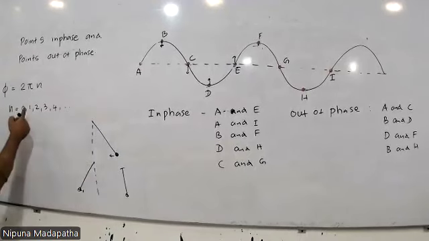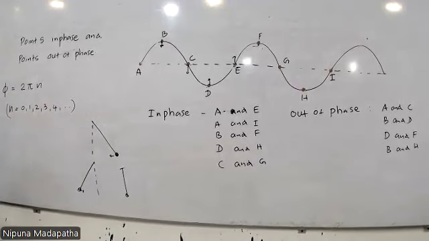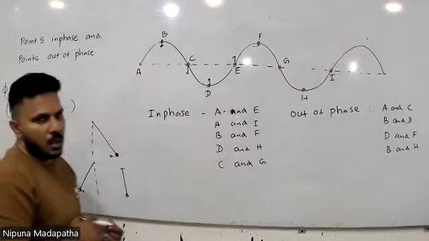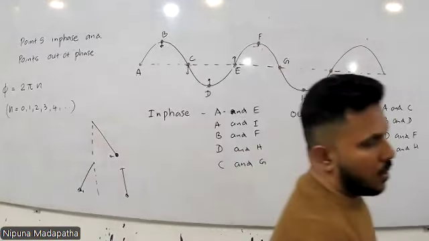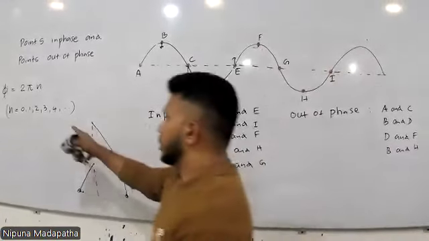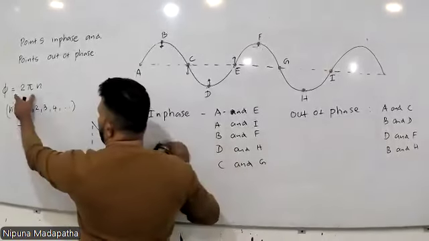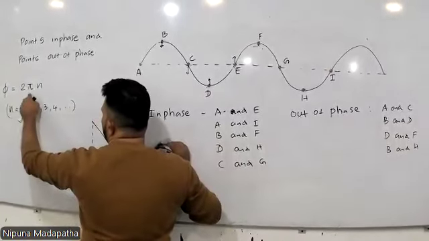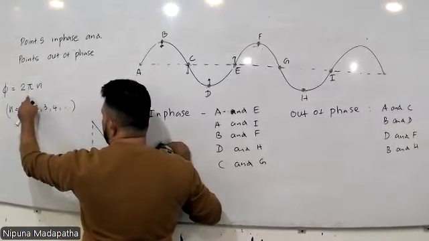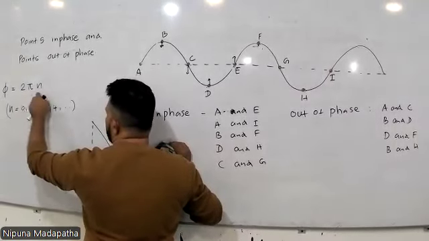Right. So n is 0, 1, 2, 3 like this. So n is 0 will have phase difference 0. N is 1 means phase difference is 2 pi. N is 2, phase difference is 4 pi.